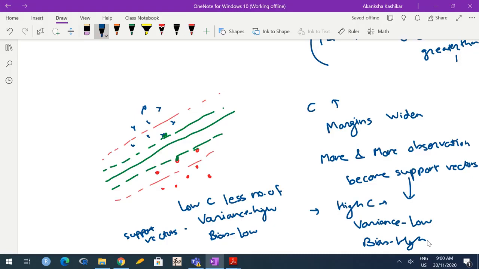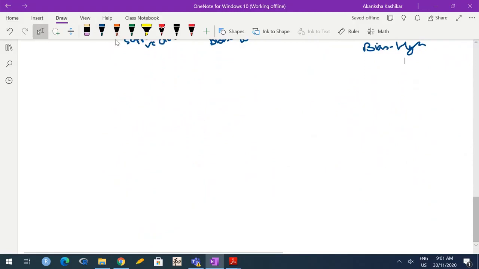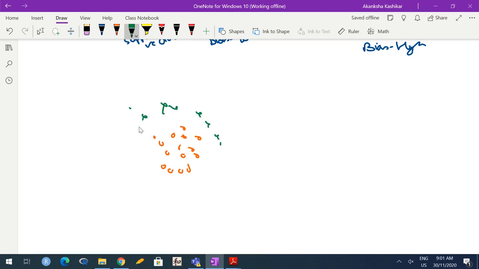Of course, it still has some issues. This is still not perfect. Why? What if I have some strange situation? For example, if I have classes like this, so this is one class of observations, and the other class of observations is something like this, then whichever linear way I create a classifier, it's still not going to be that good.